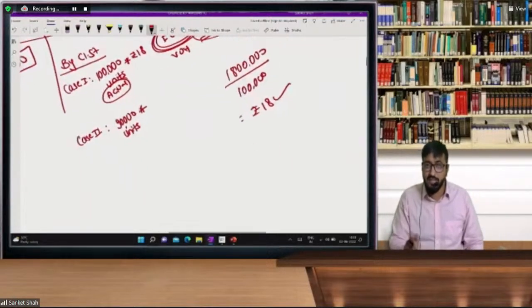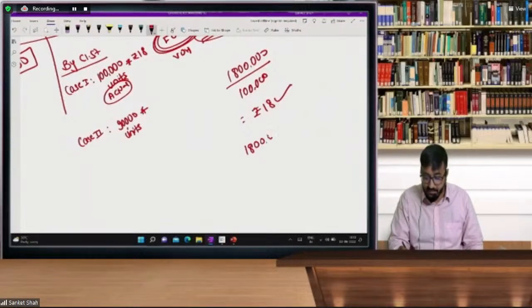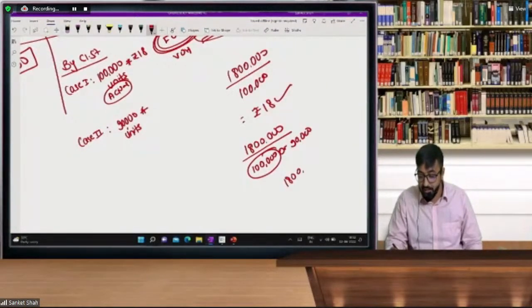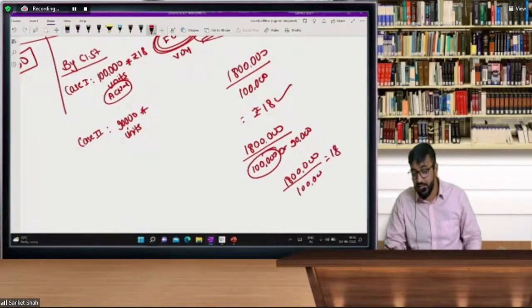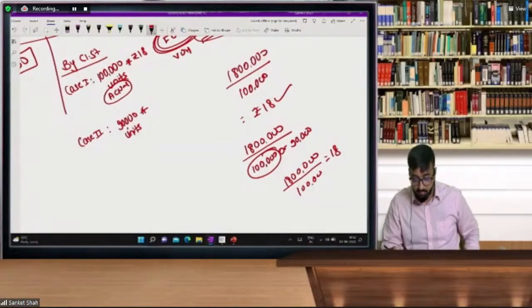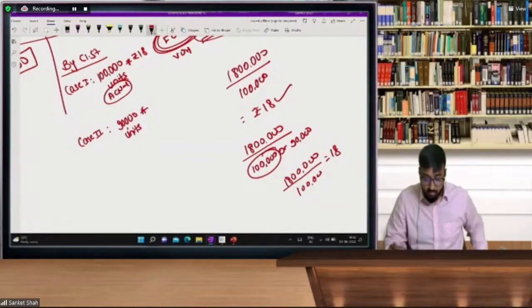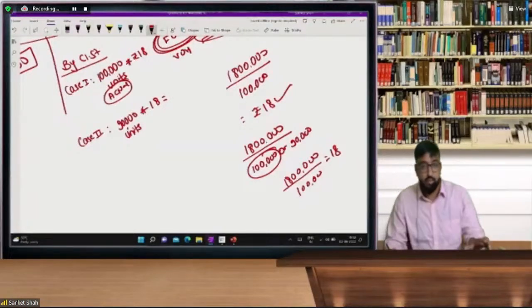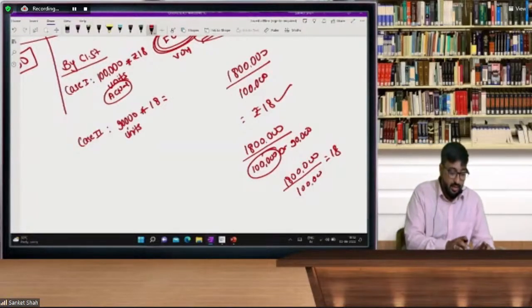Now what does the principle say? 18 lakhs divided by 1 lakh or 90,000, whichever is higher. So 18 lakhs divided by 1 lakh gives rupees 18, and I will multiply 90,000 units by 18 rupees. So I will calculate 90,000 into 18.